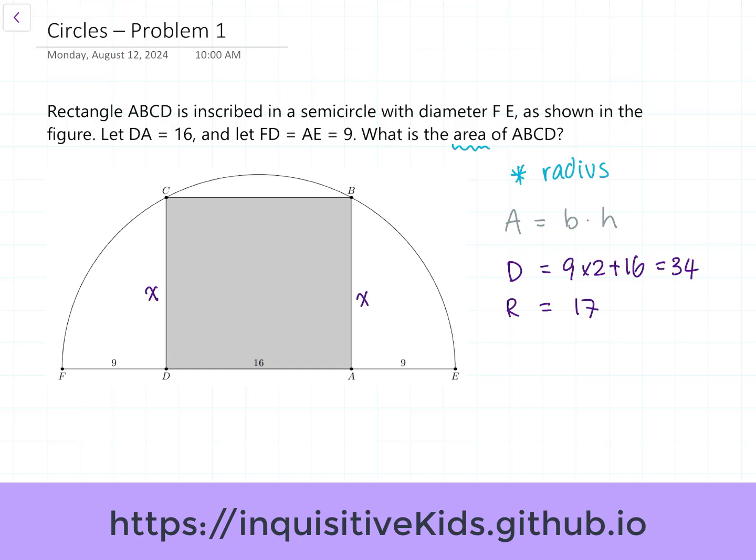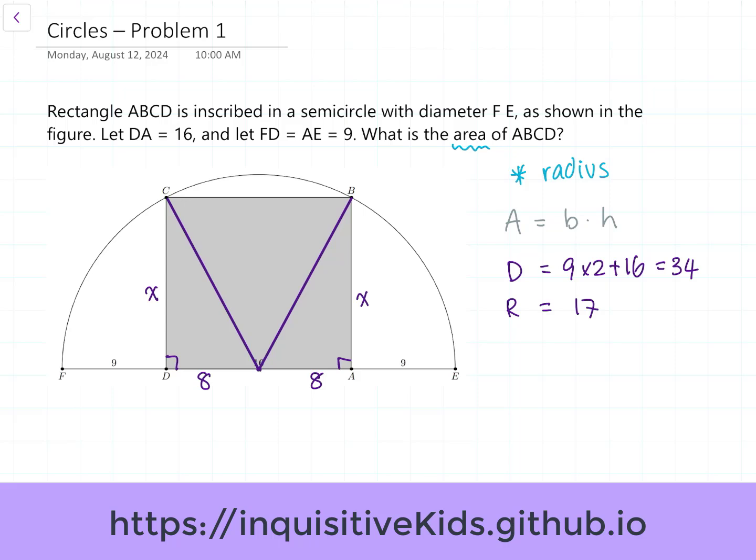Now, where do we use and apply what we know here? The next thing we do is use the Pythagorean theorem to connect the midpoint of the semicircle and connect this with C and B. So now we have created two identical right triangles. We know that each of the bases of these two right triangles is 8 because that's 16 and a half.